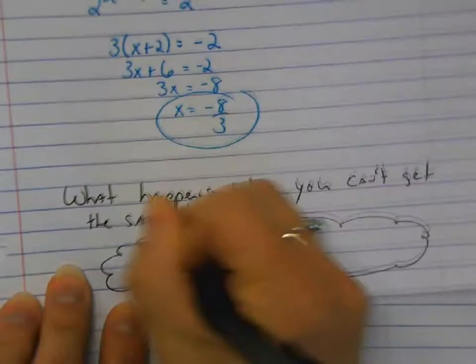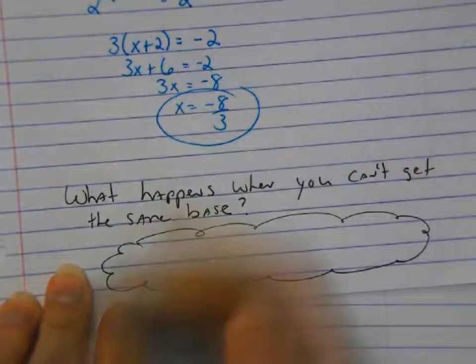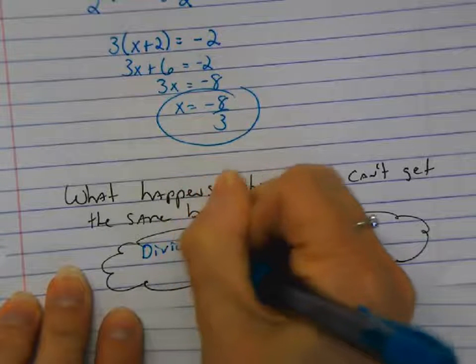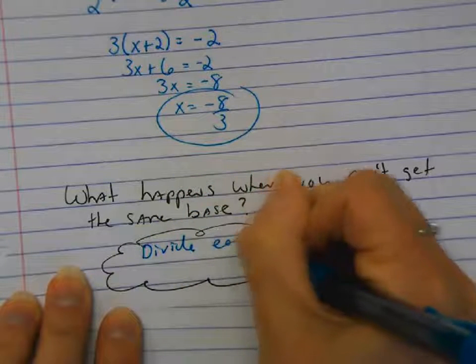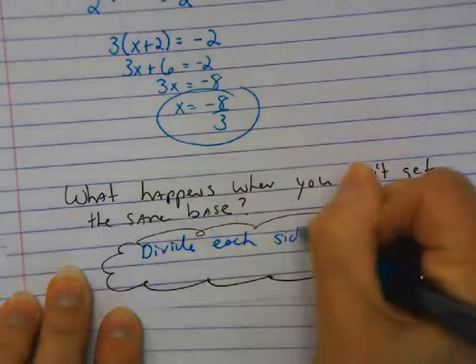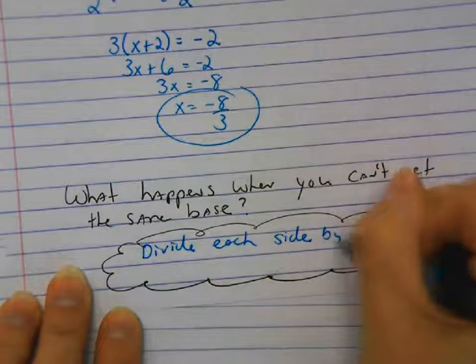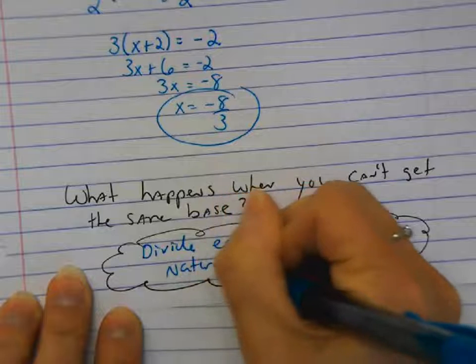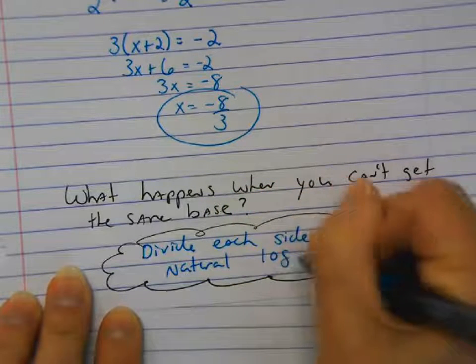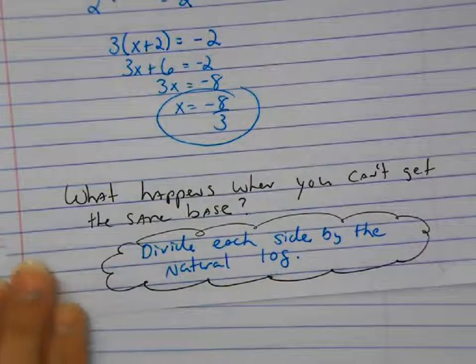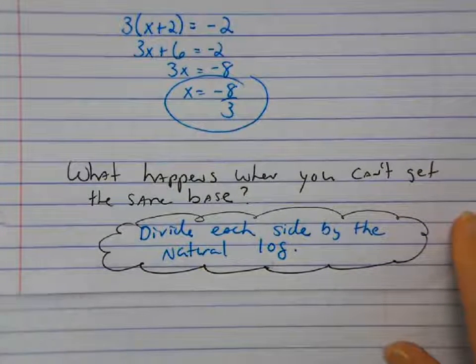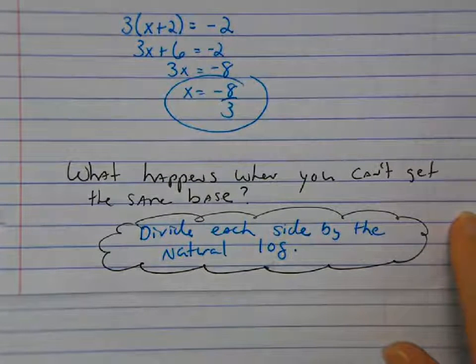And the answer is to divide each side by the natural log. So if you cannot get the same base, divide each side by the natural log, and I'll explain why that works in just a minute.